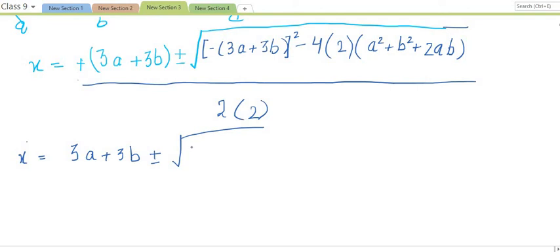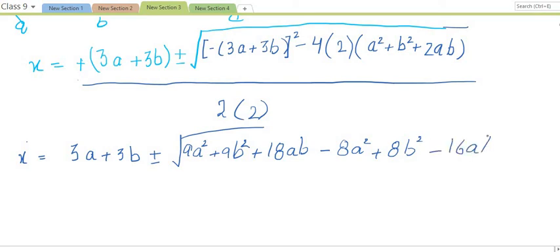It becomes a square, that means 3a square, 9a square plus 9b square plus 18ab, minus 4 times 2, which is 8a square plus 8b square minus 16ab, and the denominator is 4.